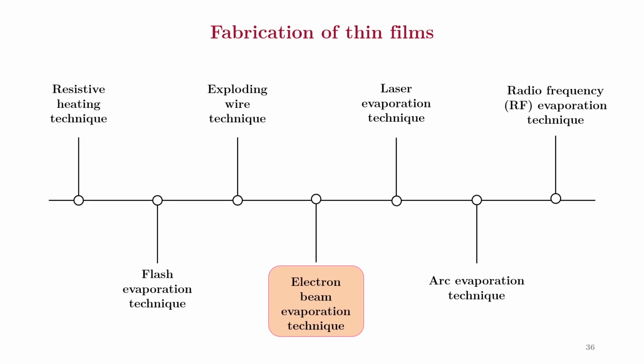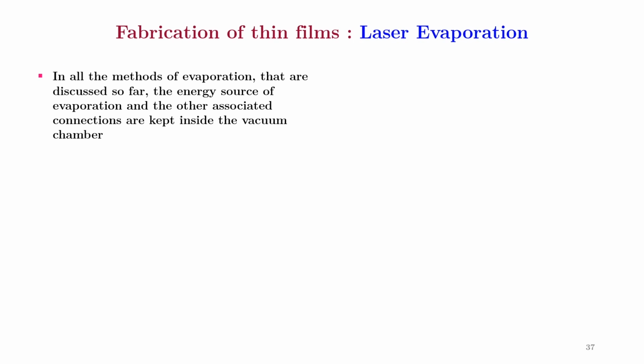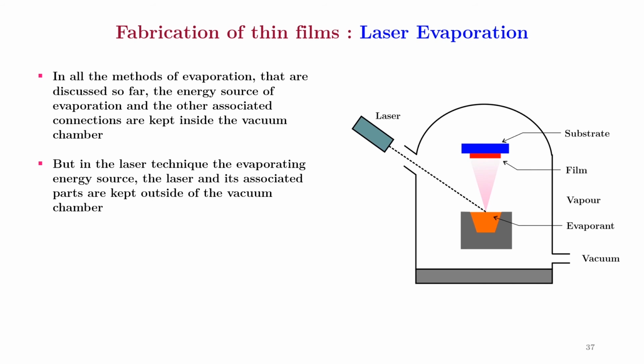From the electron beam evaporation techniques, we move on to the laser evaporation technique. In all the methods of evaporation that we have seen so far, the energy source of evaporation and the other associated connections are kept inside the vacuum chamber. But in the case of the laser technique, the evaporating energy source, the laser and its associated parts are kept outside the vacuum chamber.